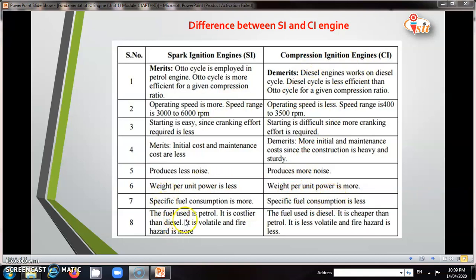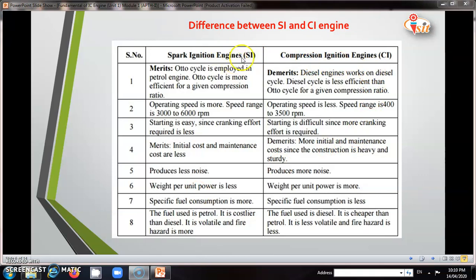The fuel used in the SI engine is petrol. It is costlier than diesel, it is volatile, and the fire hazard is more. The fuel used in the CI engine is diesel, it is cheaper than petrol, it is less volatile, and the fire hazard is also less. So this is the comparison between SI engine and CI engine.